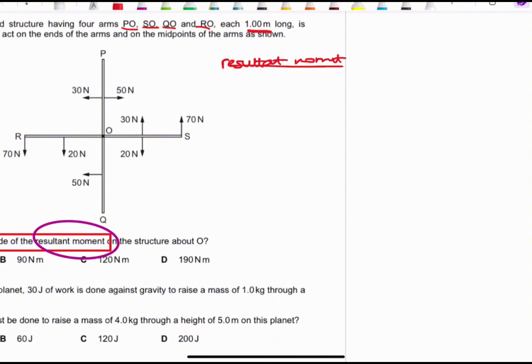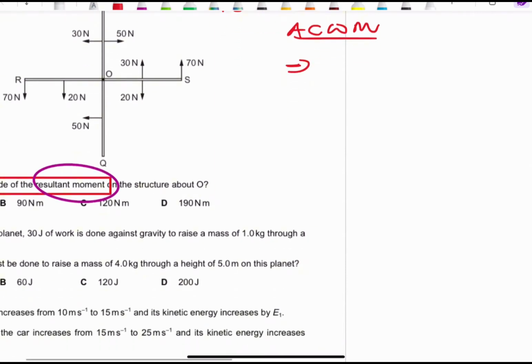With regards to resultant moment, you need two things. You need to find your anti-clockwise moments and state them down. Then you need to find your clockwise moments and state them down. Then subtract the two and you get your resultant moment. That's how it works, basically.